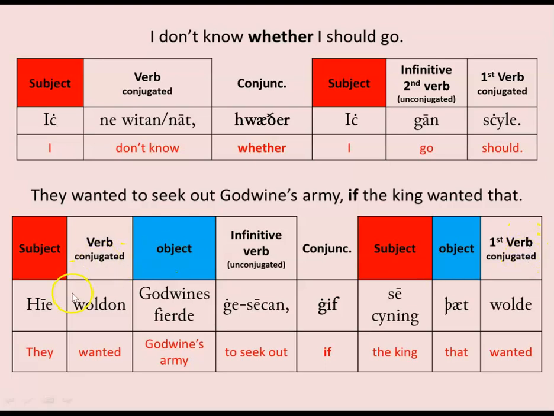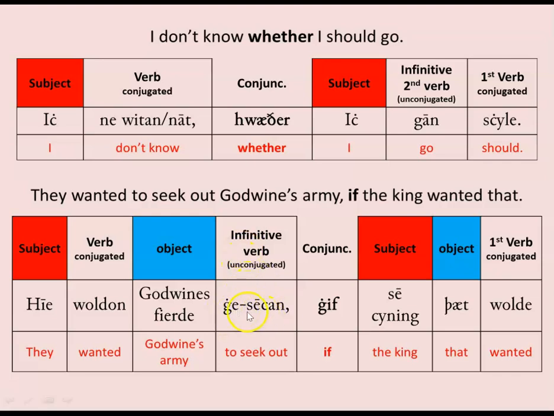Okay, so here Waldon Godwinus vierde Jesekan, Jif se kuning that Walde. So they wanted, plural present tense, Waldon for wanted. The object is Godwinus vierde, army, accusative, and the infinitive verb to seek out is Yesekan.